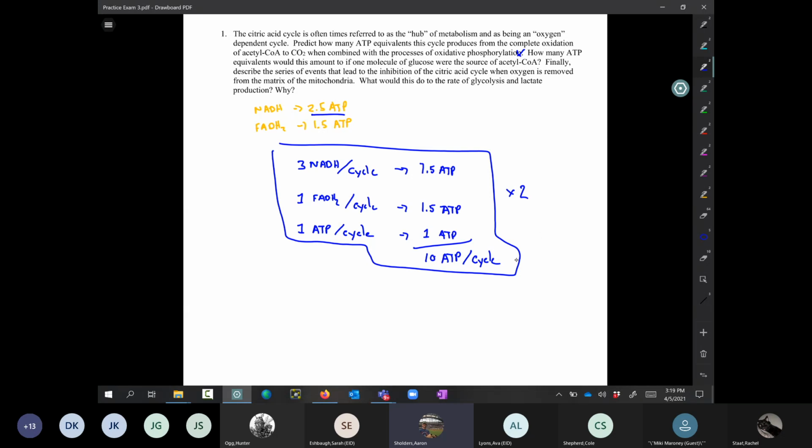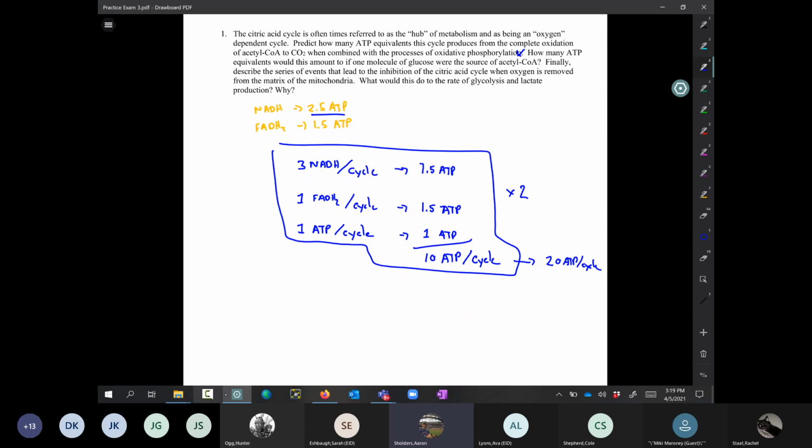So this would then equal 20 ATP. And then finally, describe the series of events that lead to the inhibition of the citric acid cycle when oxygen is removed from the matrix of the mitochondria. What would this do to the rate of glycolysis and lactate production?